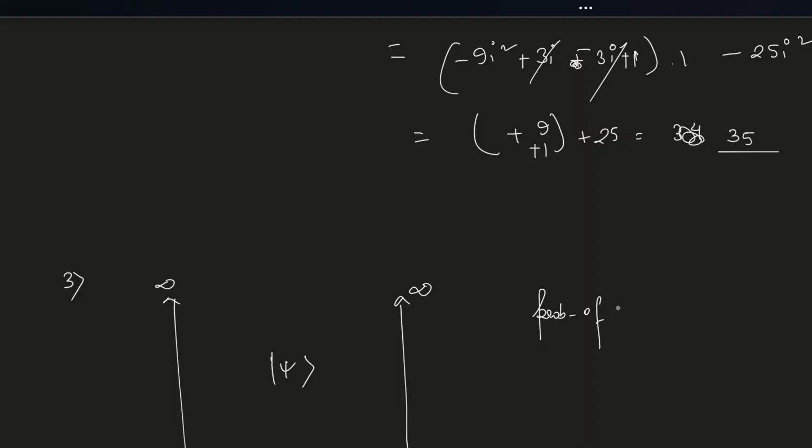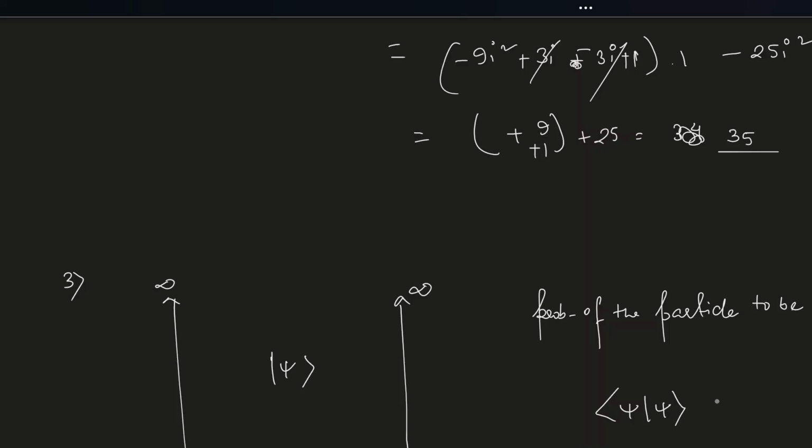the probability of the particle in the a/4 to 3a/4 interval is mod psi squared, whole mod, then this is the probability.